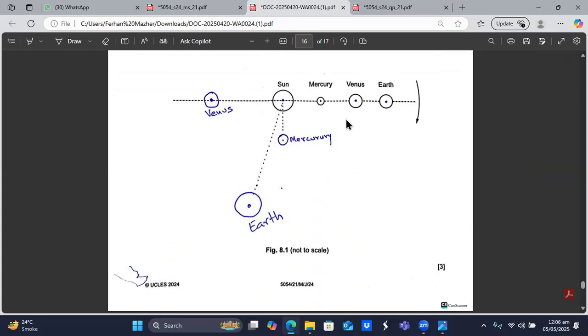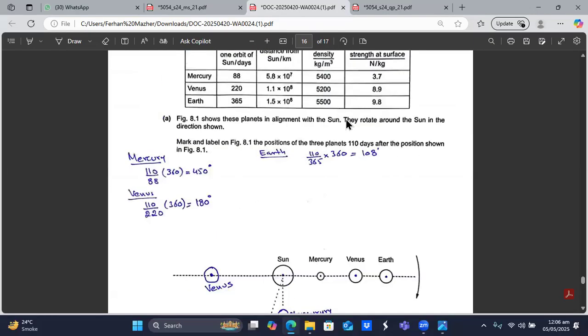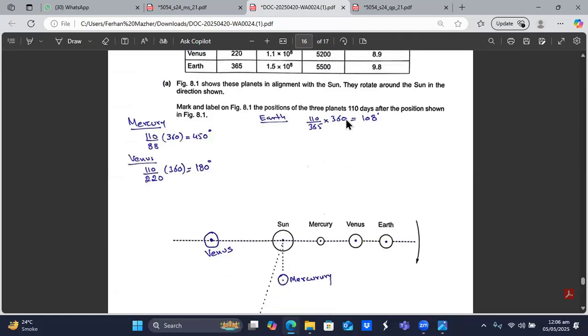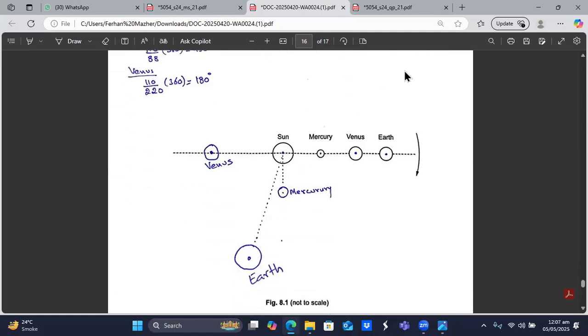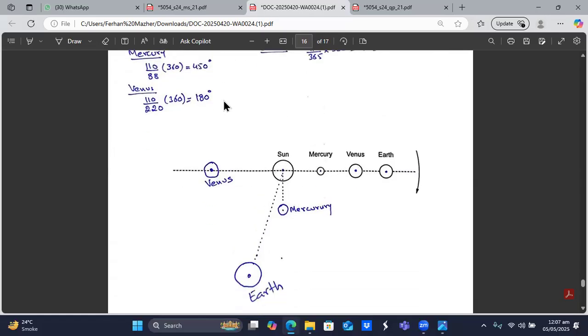For Venus, the angle is 180 degrees, so Venus will be here, keeping the distance the same on this side. And the Earth has moved 108 degrees.